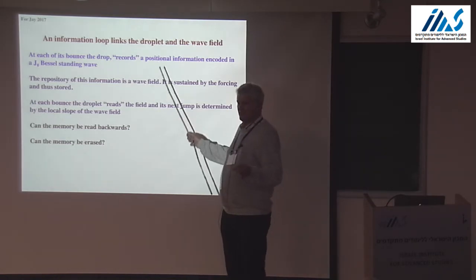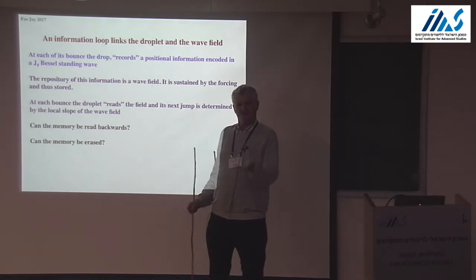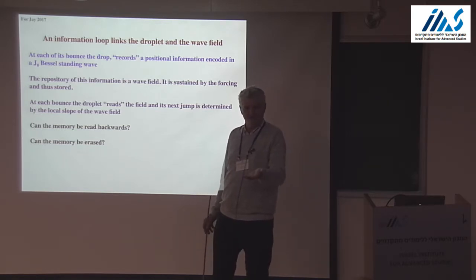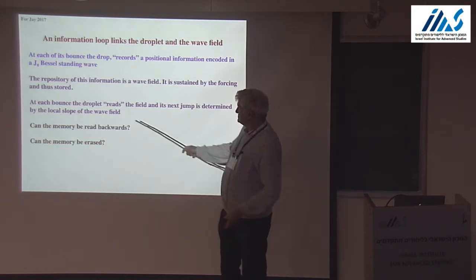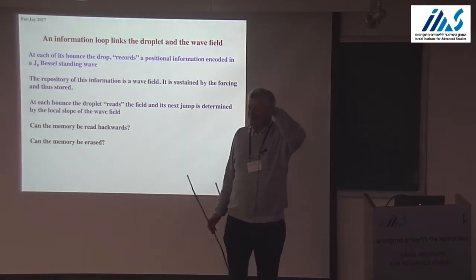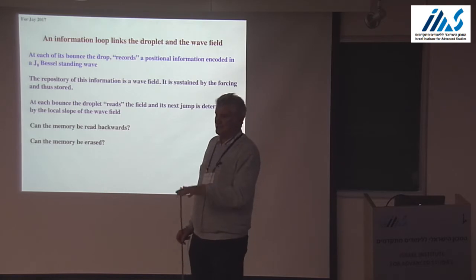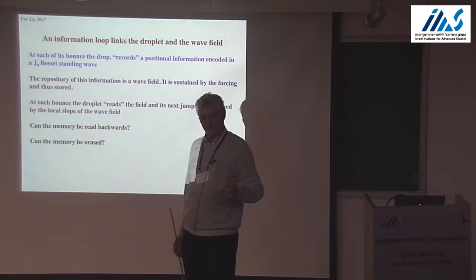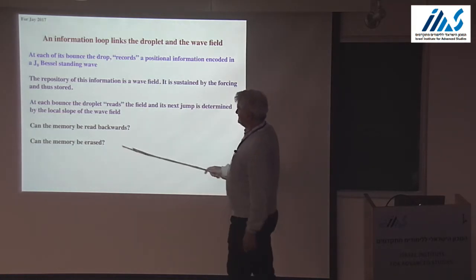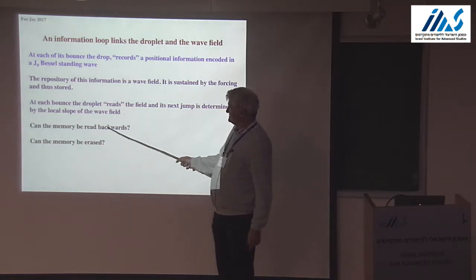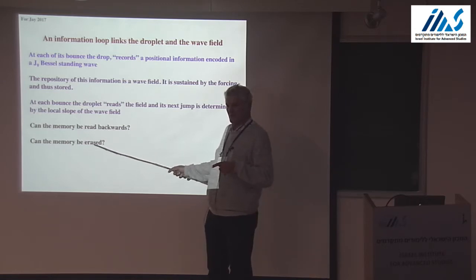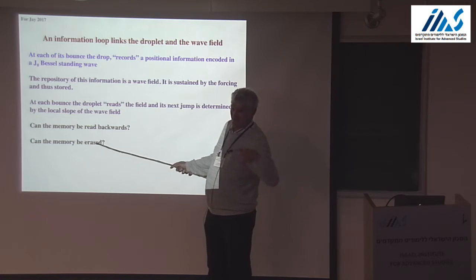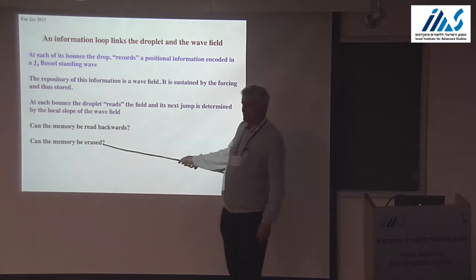Then this information is sustained because the Faraday forcing sustains the standing waves. Then the drop goes in the air and falls back, and when it falls back, it reads the information that it had deposited before. So one question is, can this memory be read either by another drop or by the drop itself backward? Or can the memory be erased?